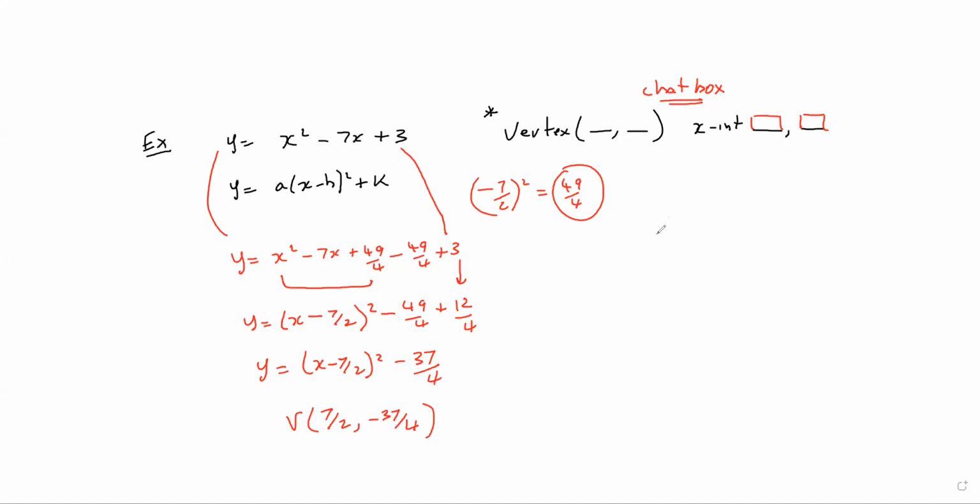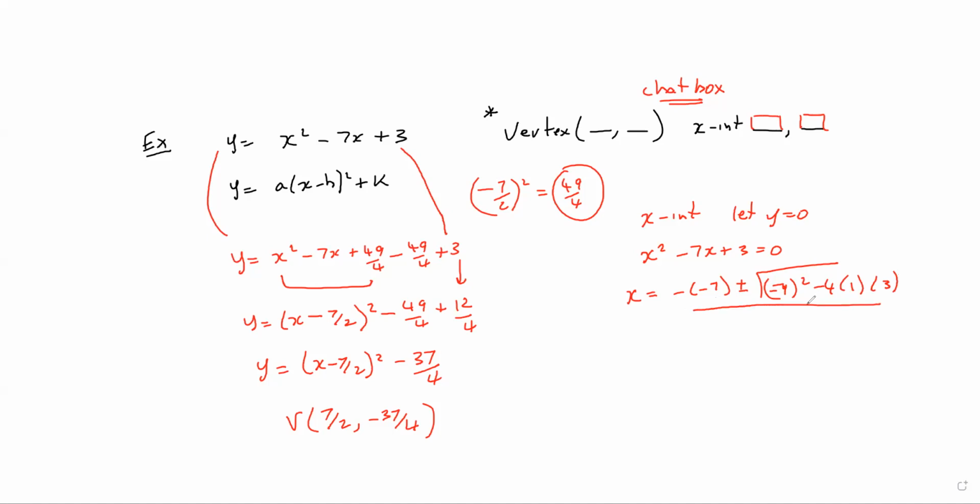Okay, so for your x-intercept, let y equal 0. I think I'll just use the quadratic formula. So we'll have x squared minus 7x plus 3 equals 0. So let's do your quadratic formula: minus negative b, negative 7, plus or minus negative 7 squared minus 4 times 1 times 3, 4ac, on 2a, 2 times 1.